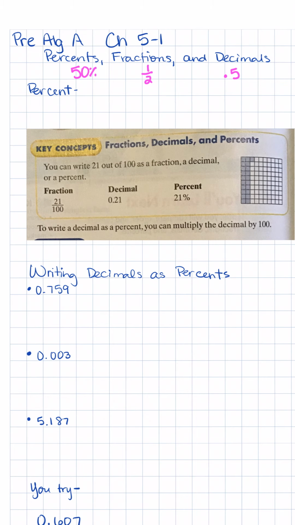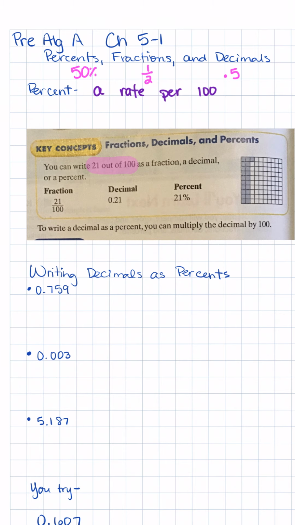So let's start out by identifying what a percent is. A percent is a rate per 100. A rate per 100, so out of 100. So looking at writing 21 out of 100 as a fraction, a decimal, or a percent.